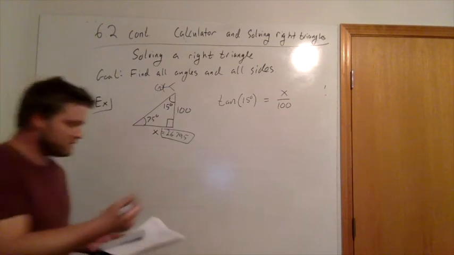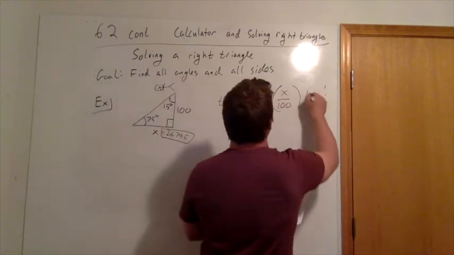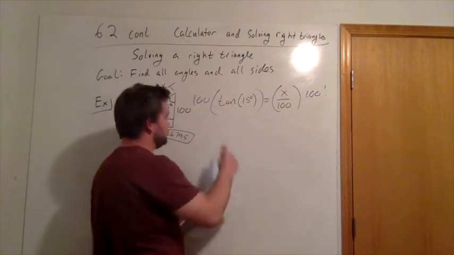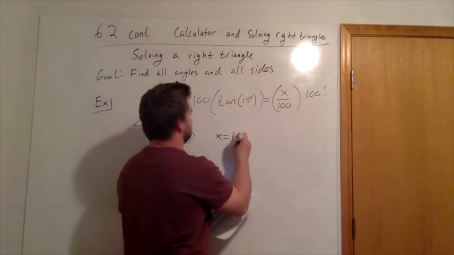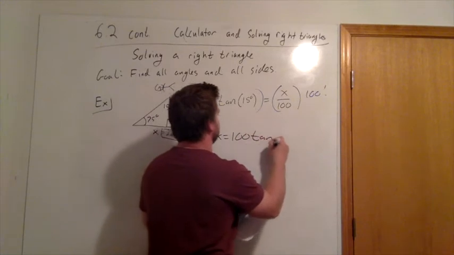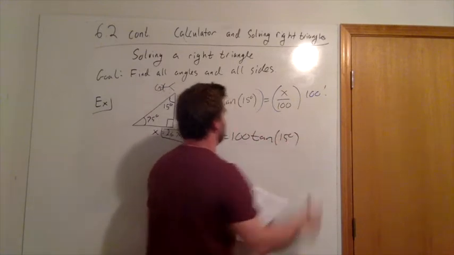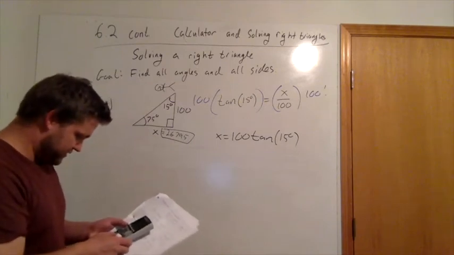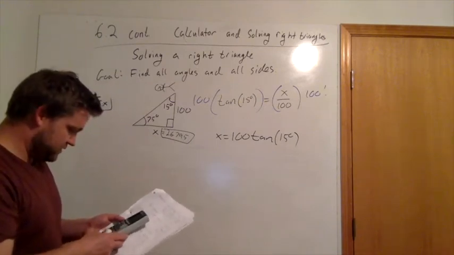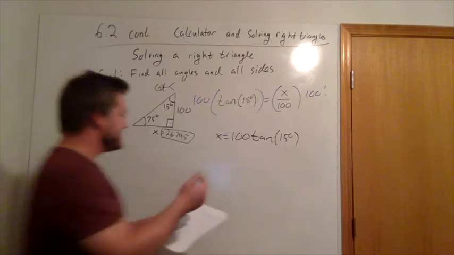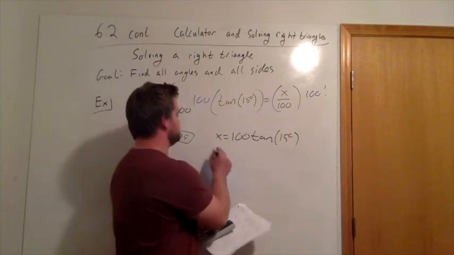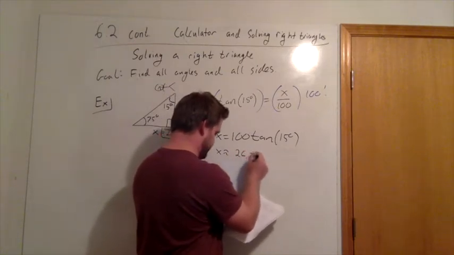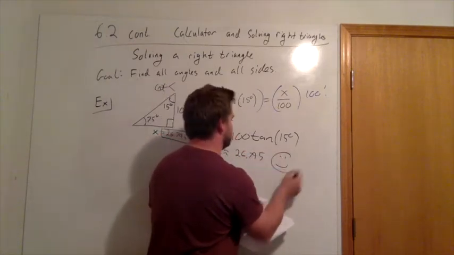To solve for x, we'll multiply both sides by 100. So x is equal to 100 times the tangent of 15 degrees. Let's plug that into our calculator. We get 100 times the tangent of 15, and we get the same thing, 26.795. That deserves a smiley face.